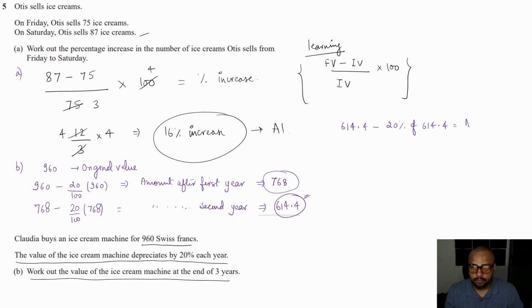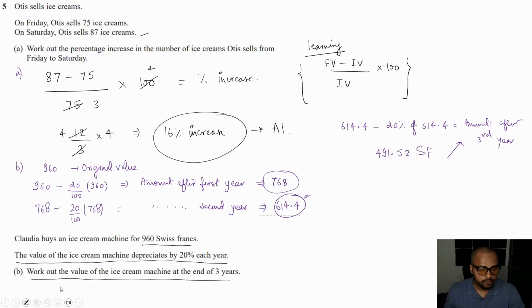This will be the amount after the third year, which we are getting as 491.52. Okay, students, so 491.52 Swiss francs will be the amount after the third year.